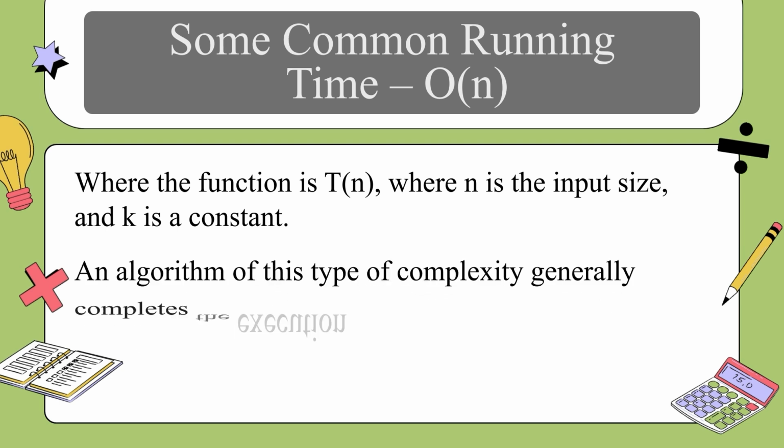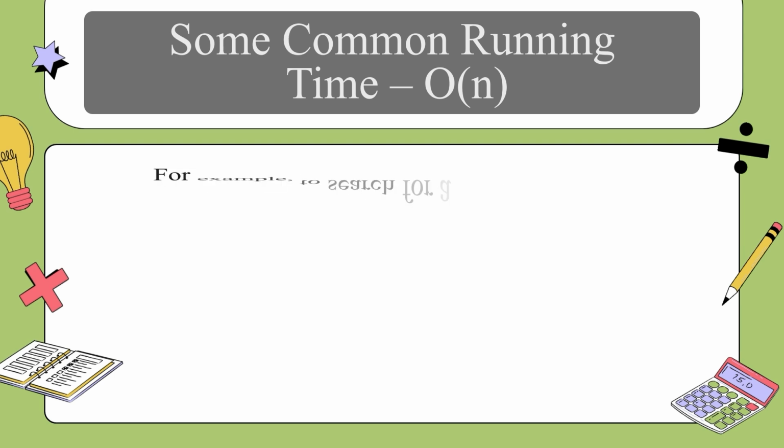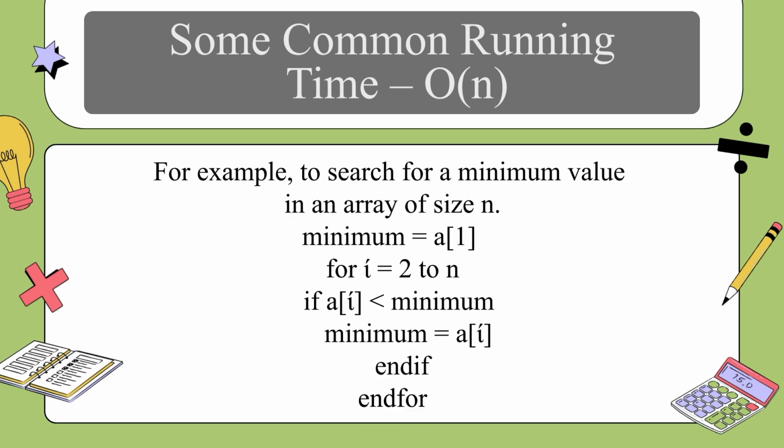An algorithm of this type of complexity generally completes the execution in a single pass. Let us take a simple example of order n. Suppose you want to search for the minimum value in an array of size n. So, how will you proceed? You will first assign the minimum value, let us say minimum equals a1.